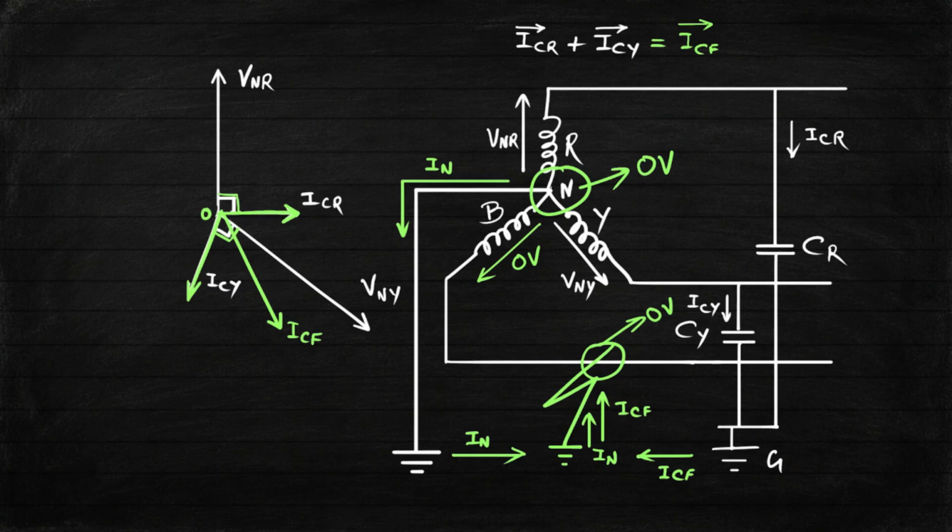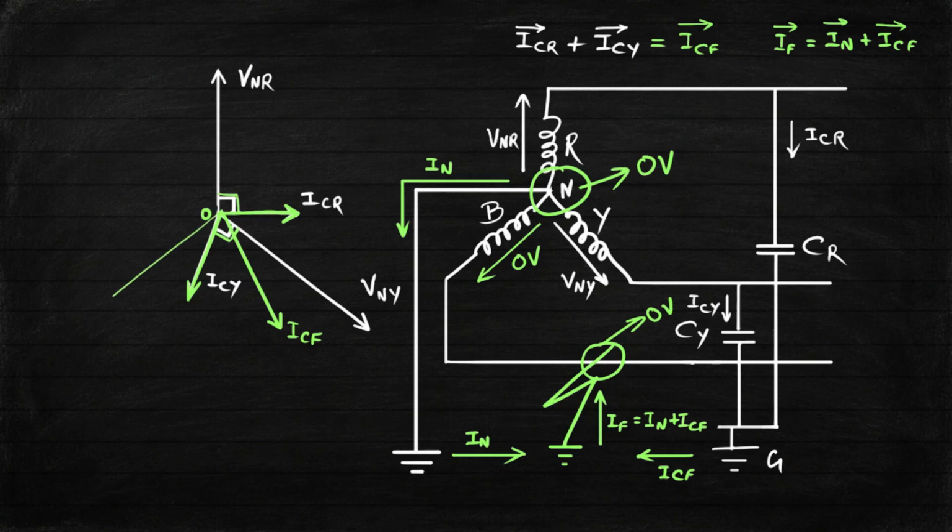So, we can write IF equals IN plus ICF. Again, remember that this is a vector equation. Therefore, we should place the vector symbol above each current. Now, instead of drawing two separate currents, IN and ICF, we can represent them by a single resultant current, IF, flowing through the earth fault path.